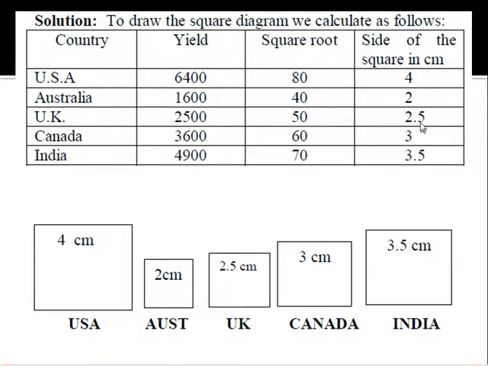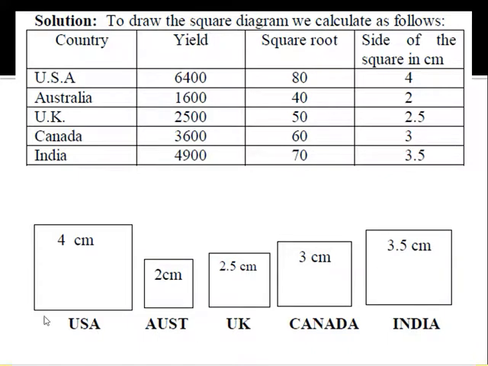Then you construct squares which have a side of length equal to this value. So for USA you construct a square with all sides 4 centimeters in length. Then for Australia you construct a square with 2 centimeter dimension, UK 2.5, Canada 3 and India 3.5.